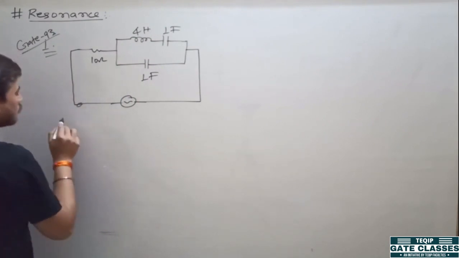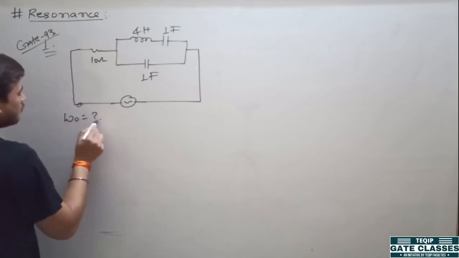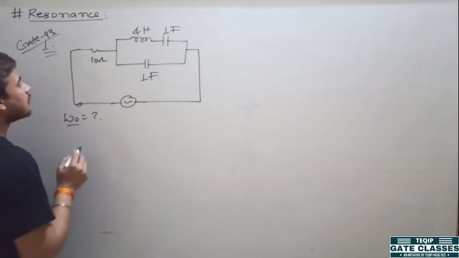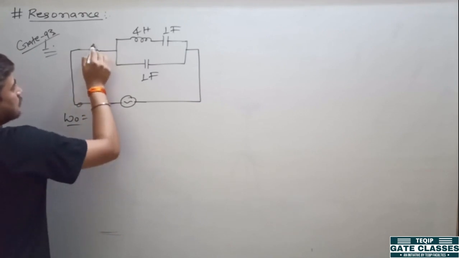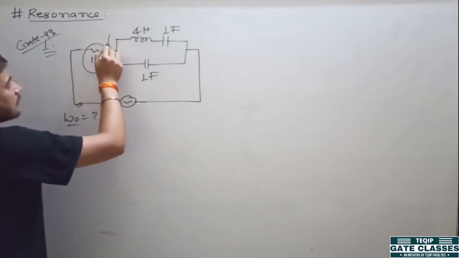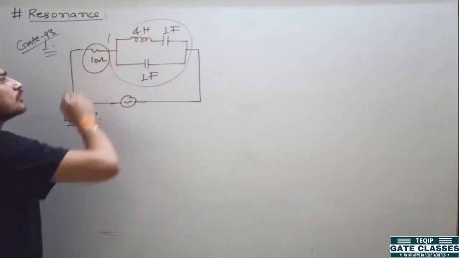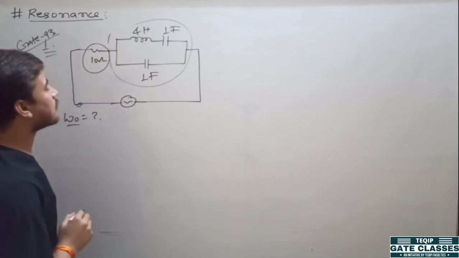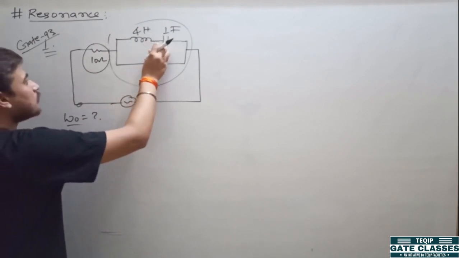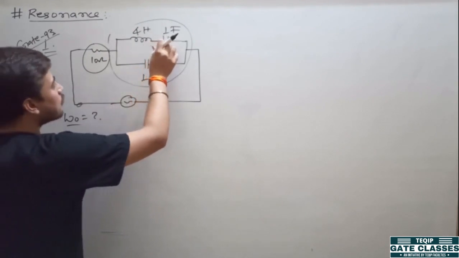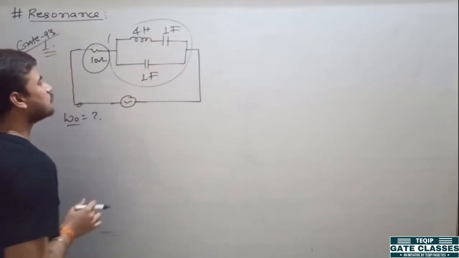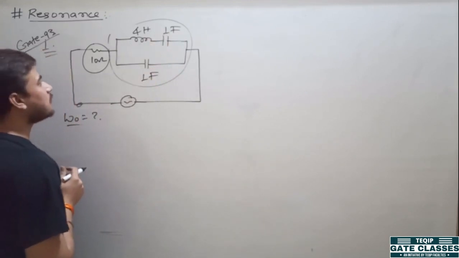So let us see how to find the resonant frequency. Clear? Here you see the resistance is connected in series with this whole branch. So for this whole branch, if you find the impedance, what will be the value?